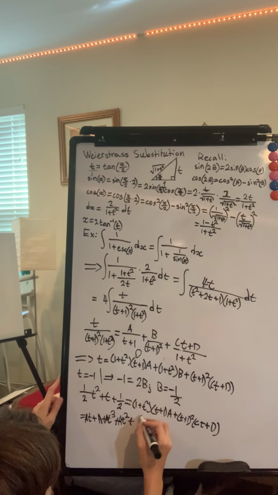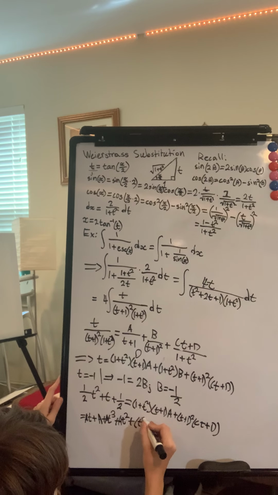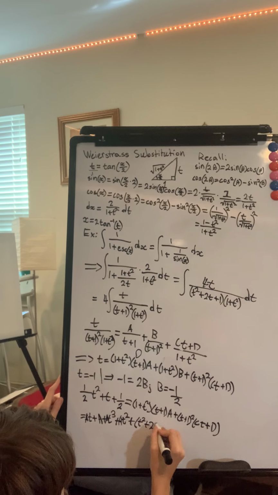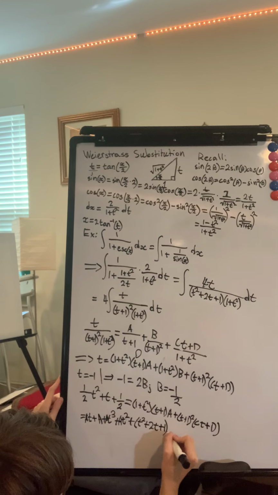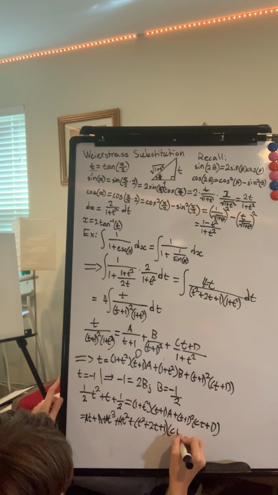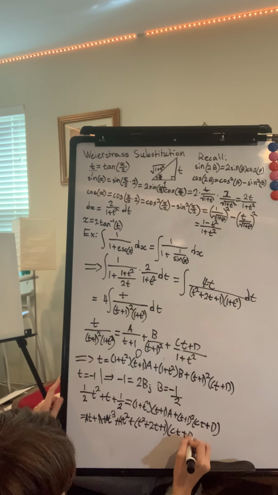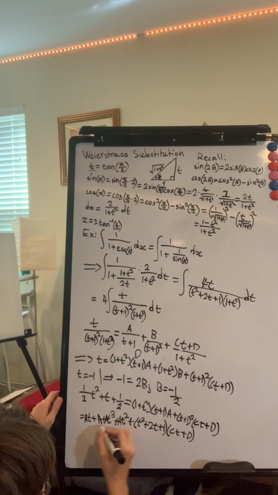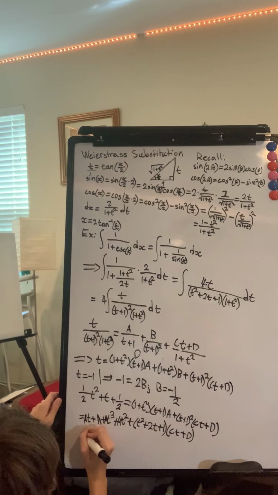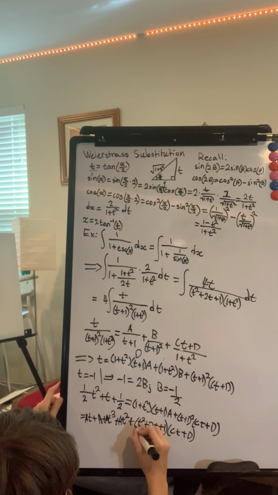Okay, that's going to be pretty tedious, but oh well. t squared plus 2t plus 1 times ct plus d, and this is equal to just this part.